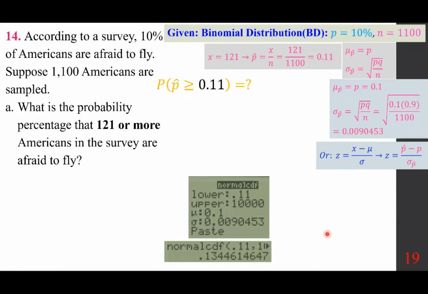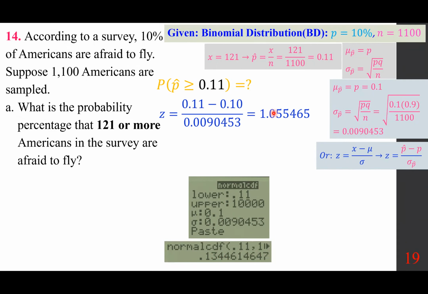We can also use the Z. I want to show you again the different methodology. P hat minus P over sigma of P hat. So P hat is 0.11 minus P, which is 0.1, over sigma of P hat. We can calculate the Z score, 1.055465.